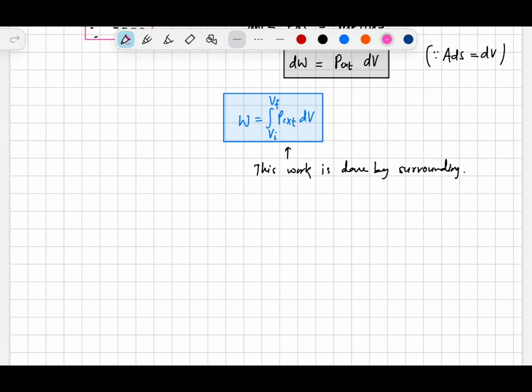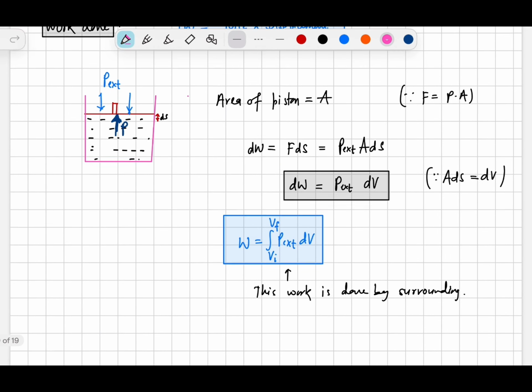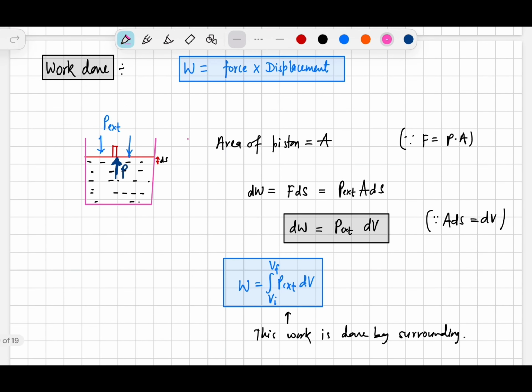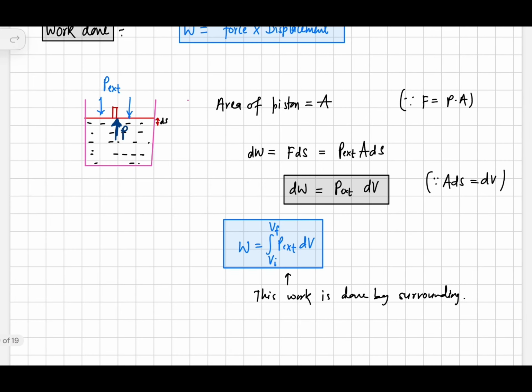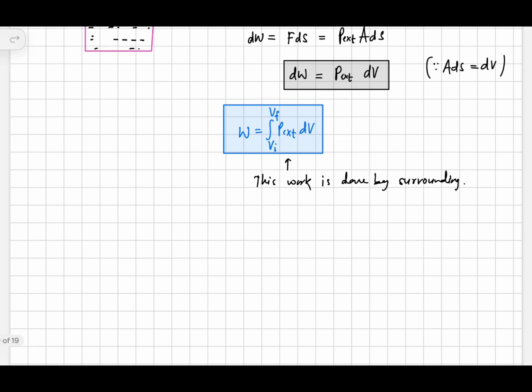So we need to modify this formula, because if you want to study the system, then you should have control on the system only, right? You know the macroscopic coordinates of the system, but you don't know anything about the surrounding, because your interest of study is the system, not the surrounding. So this formula is okay, but it is not beneficial for us, because we are studying the system.